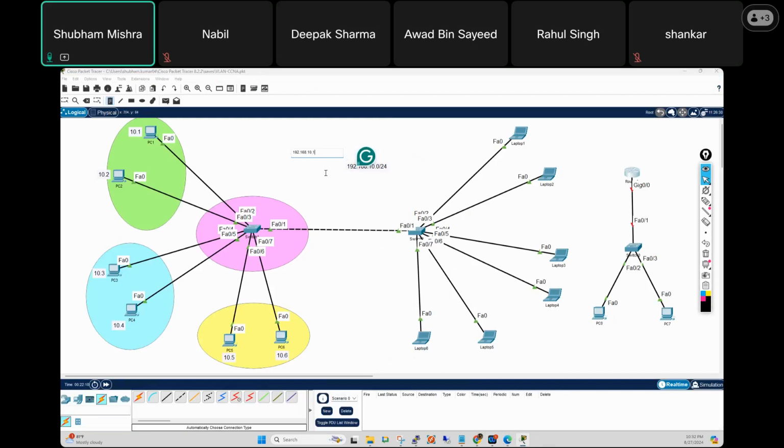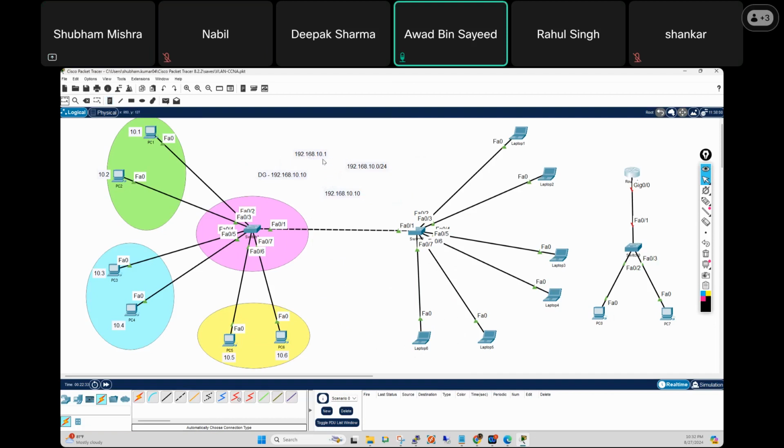I am going to configure 192.168.10.1 on PC number 0, and 192.168.10.10 will be our router sub interface. Then what will be the default gateway? Default gateway will be the same, na? 192.168.10.10. Yes or no? Yes.